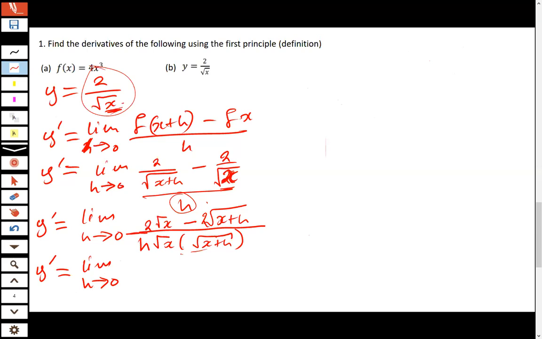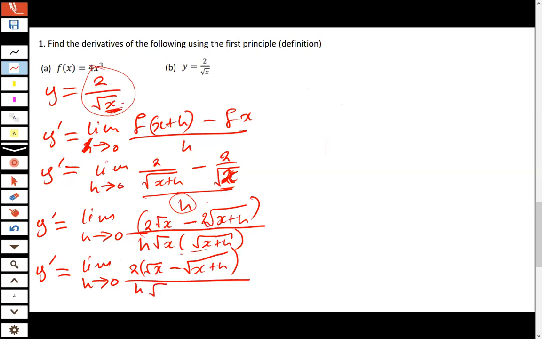When you look at this expression on top, it's a difference of 2 squares. Okay, let's introduce the conjugate. That's when we talk about the difference of 2 squares. Okay, so we have 2, and then we have the root of x. I'm factorizing 2 out. Root x minus root x plus h there. Then we are dividing everything by h.